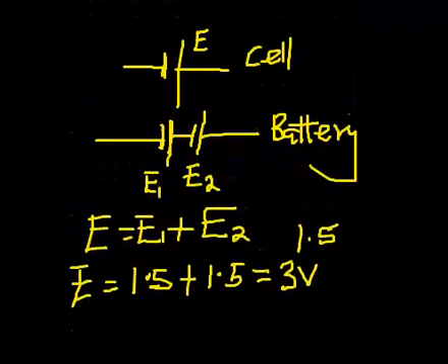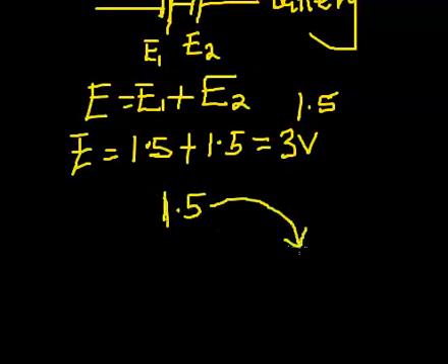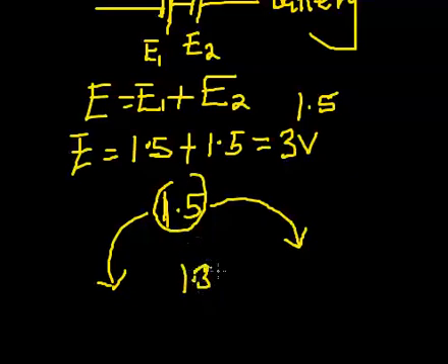Now, there's one thing you should notice about cells. Even though some cells have their EMF written on the body, calibrated as 1.5, when you actually supply it to a load, it's not going to deliver this 1.5. Sometimes you discover that it will deliver something lower than 1.5, it can deliver 1.3.